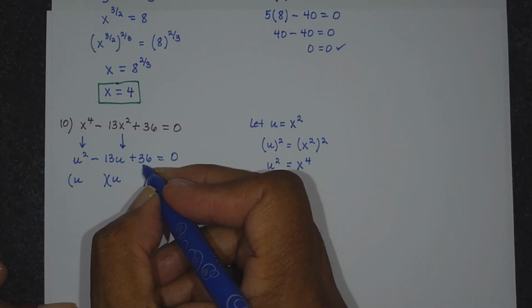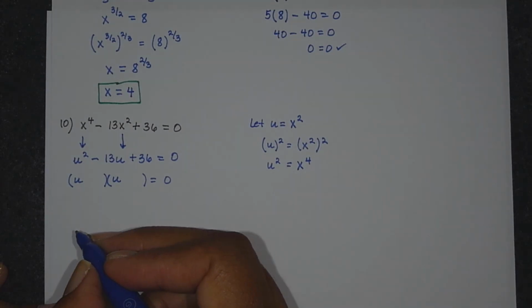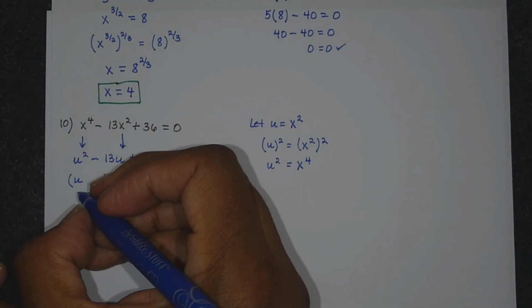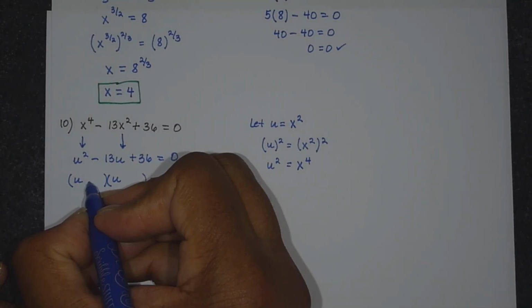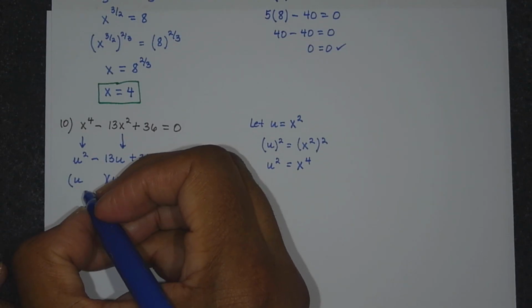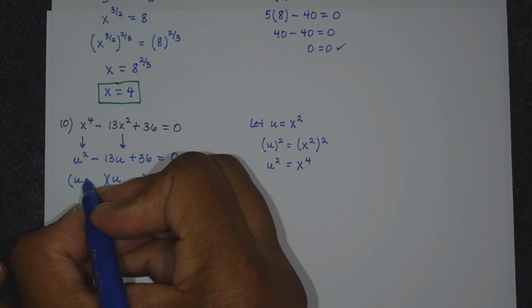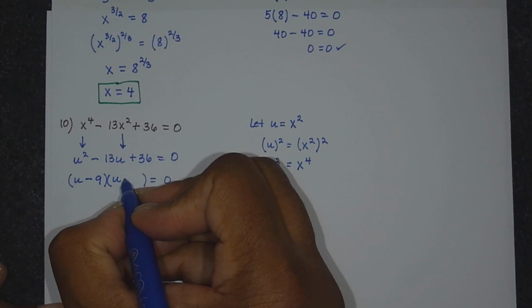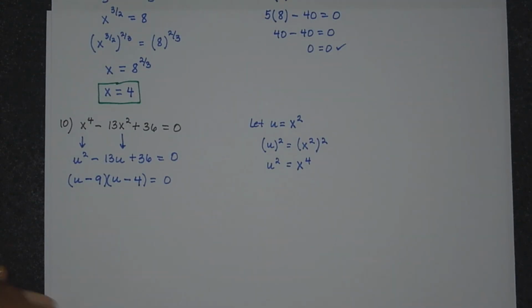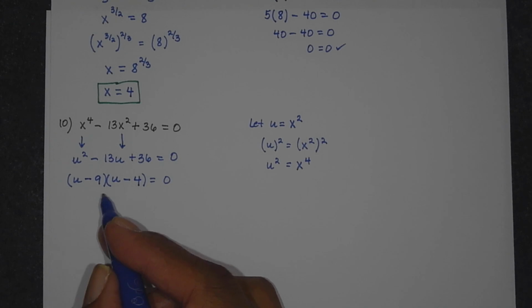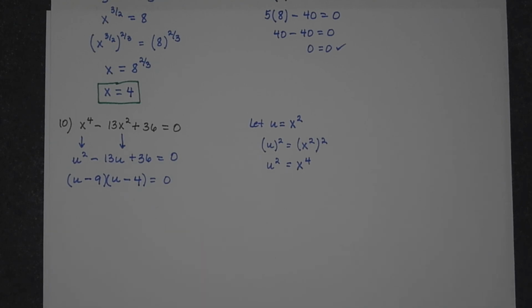What factors of 36 will give me negative 13u as a middle term? Anyone? Would it be minus 9 and minus 4? Because minus 9u and a minus 4u gives me negative 13u as a middle term. So I get u minus 9 times u minus 4 is equal to 0.